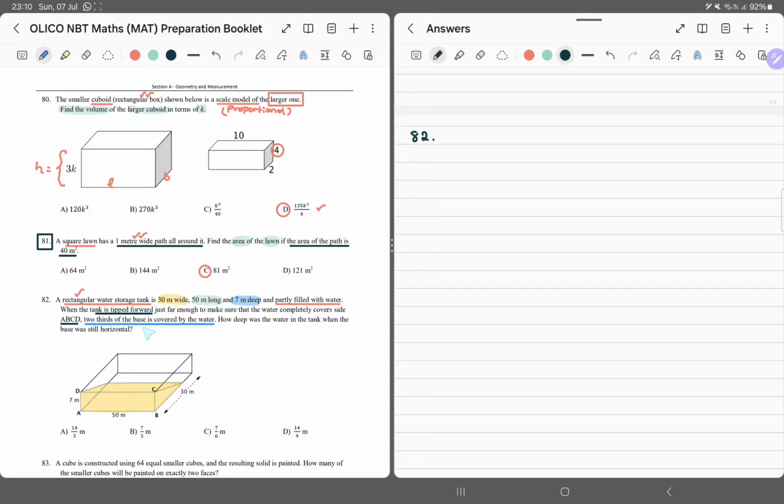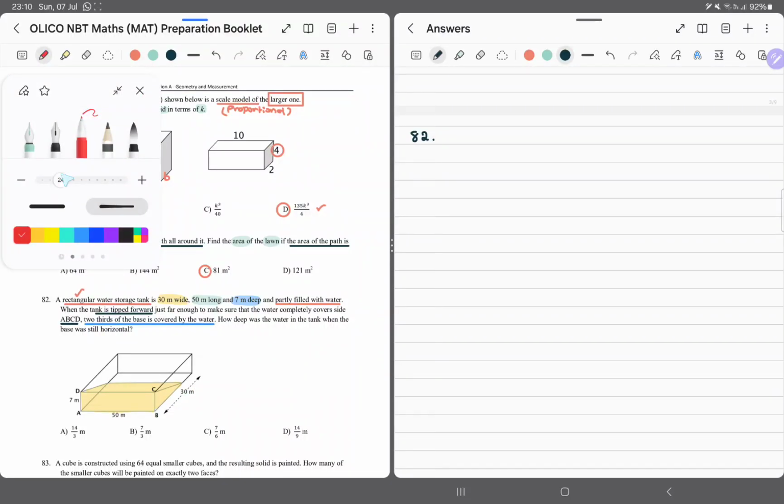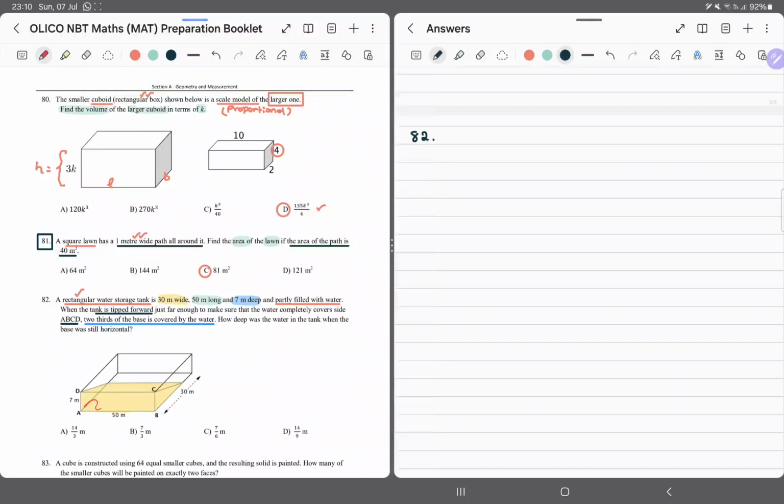Now, two-thirds of the base is covered by the water. Okay? So that means the area of base here is our reference point. I would like to highlight my base here and say, look, since we are talking about the area of base, let's just highlight it nicely.